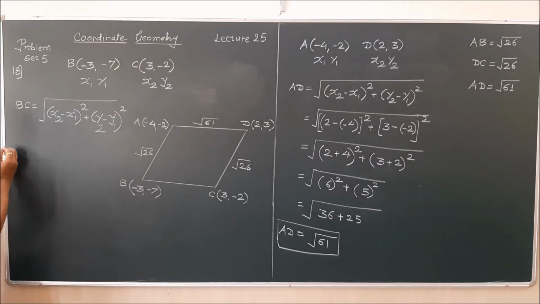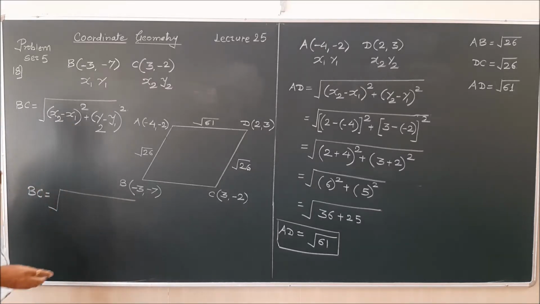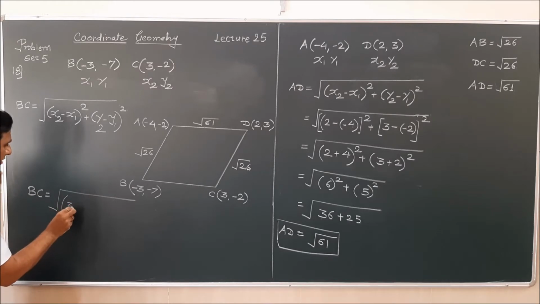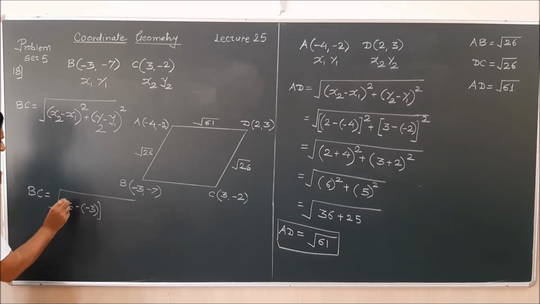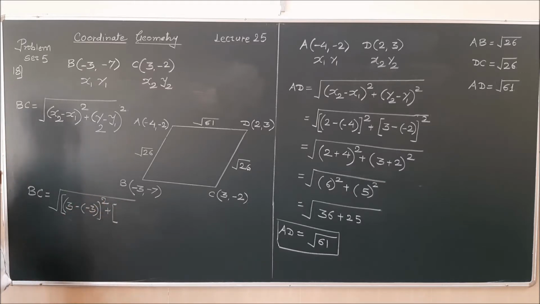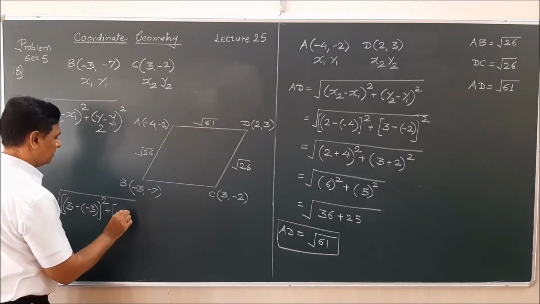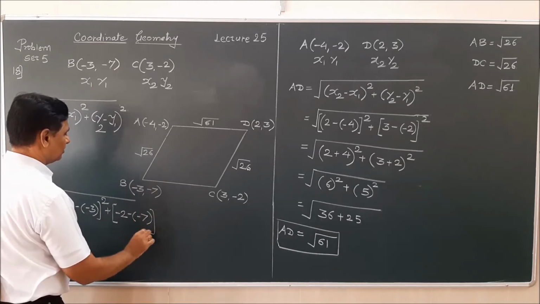BC is equal to root of x2 minus x1, 3 minus of minus 3 the whole square, plus y2 minus y1, minus 2 minus of minus 7 the whole square.